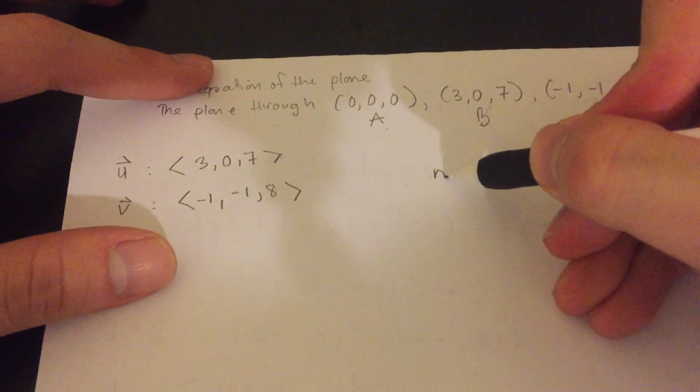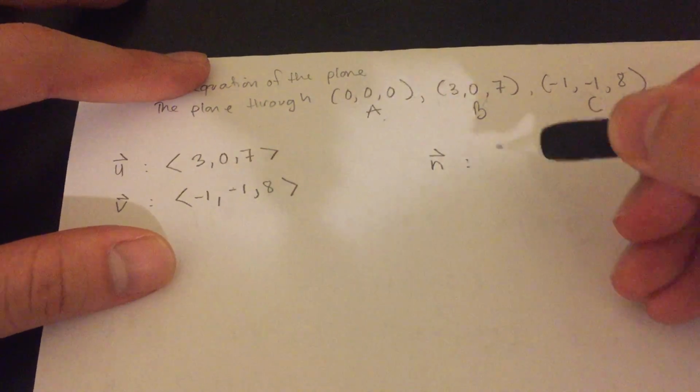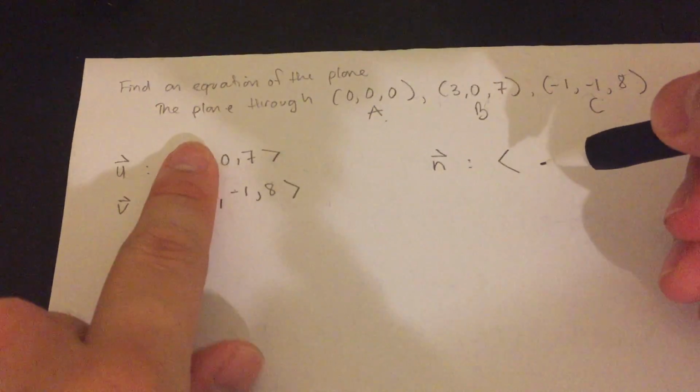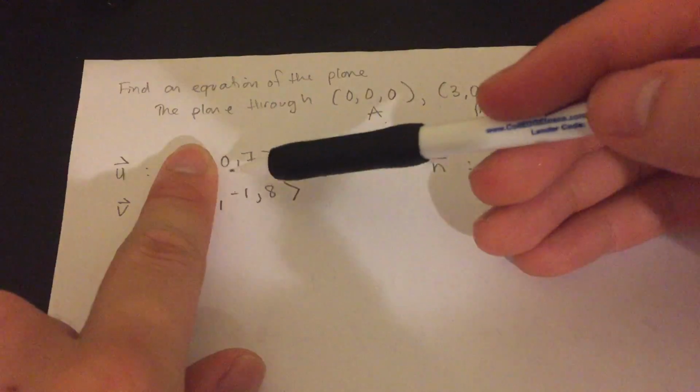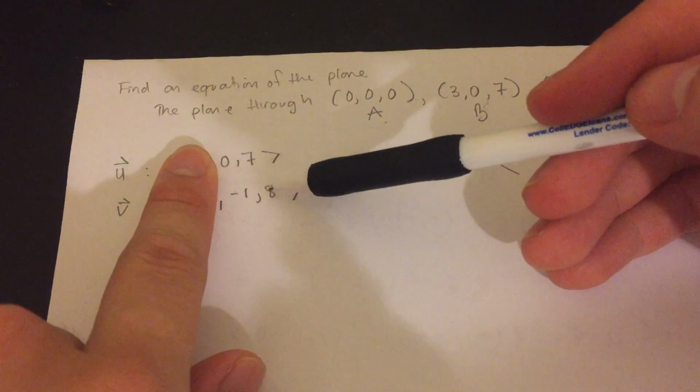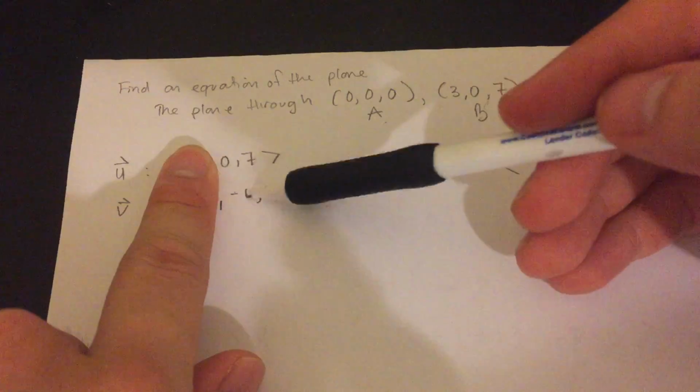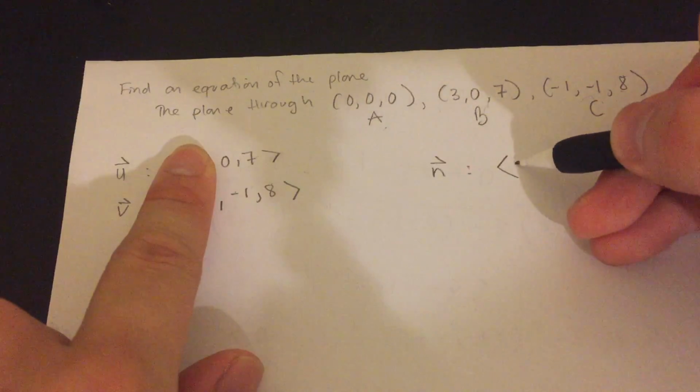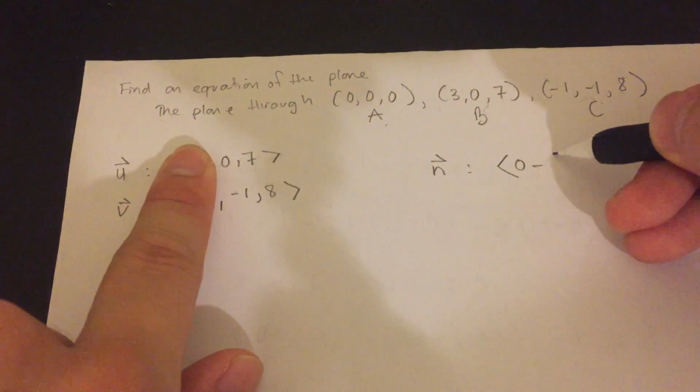So let's find our n vector here. I'll cover up the i. So 0 times 8, 0, subtract -7. So you get 0, subtract -7.